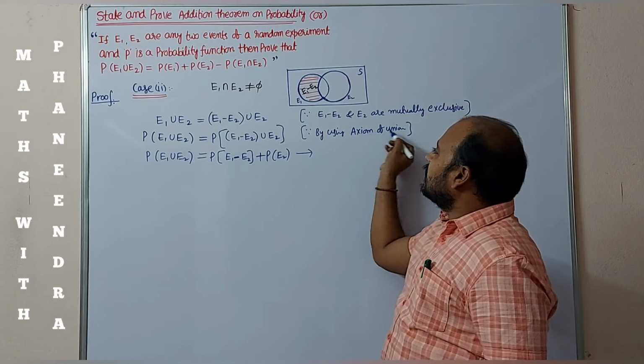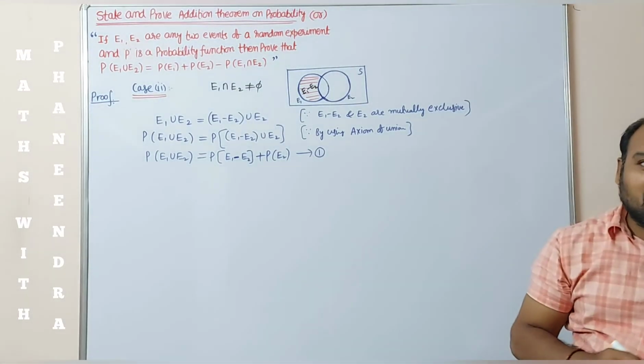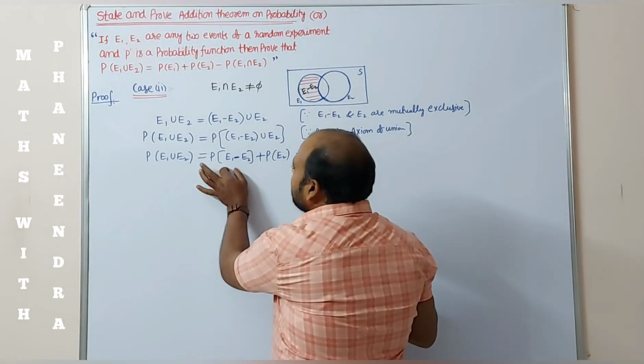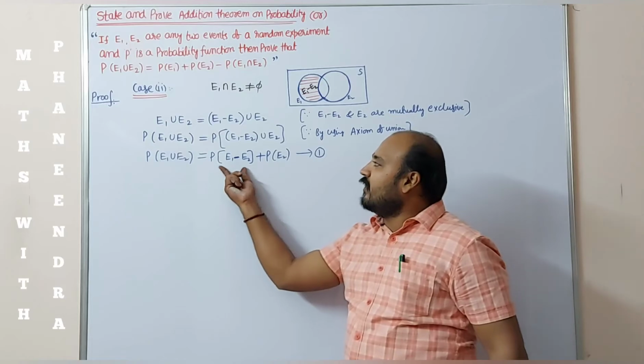By using this axiom of union, put that as equation number 1. But how will we get E1 minus E2? How will we get P of E1 minus E2?